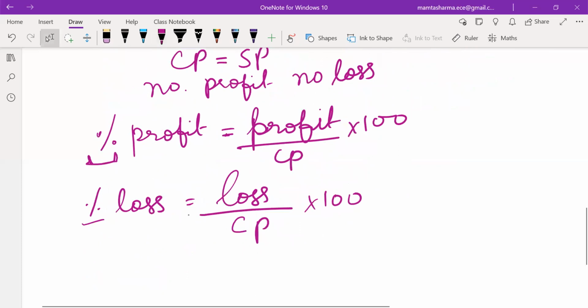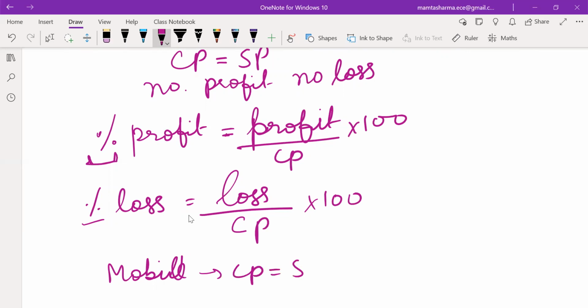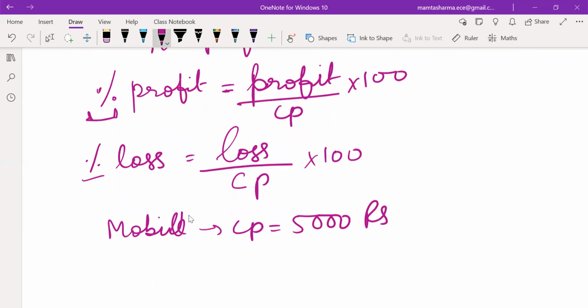Okay, if I say I purchased a mobile and its cost price was 5,000 rupees, and I sold it in 4,000 rupees.